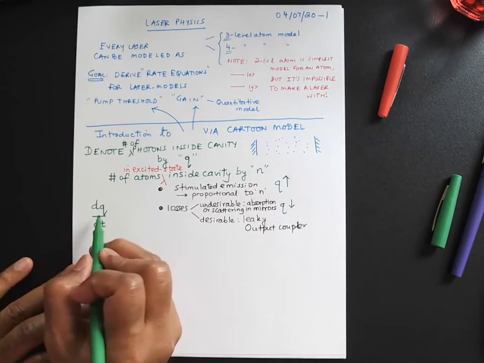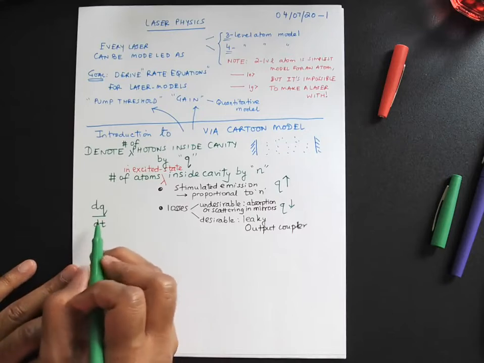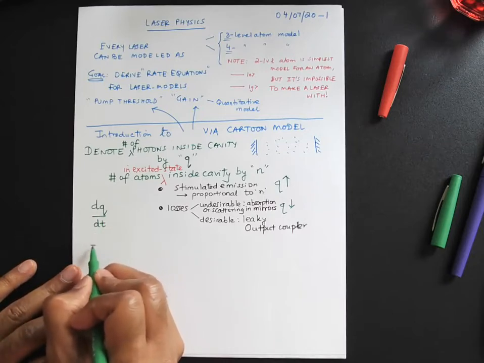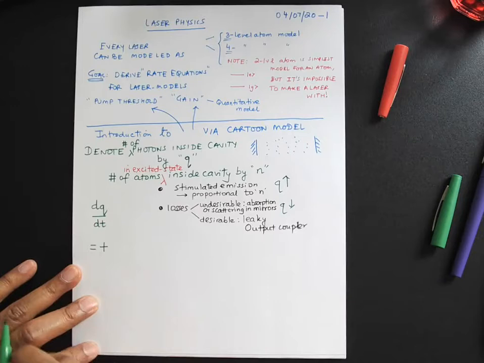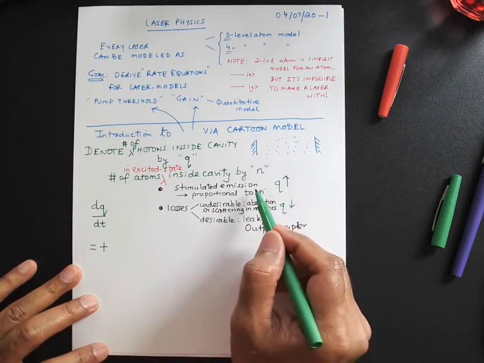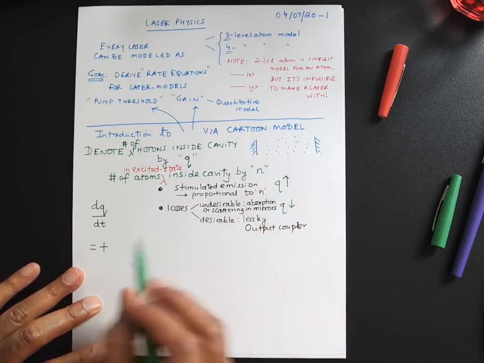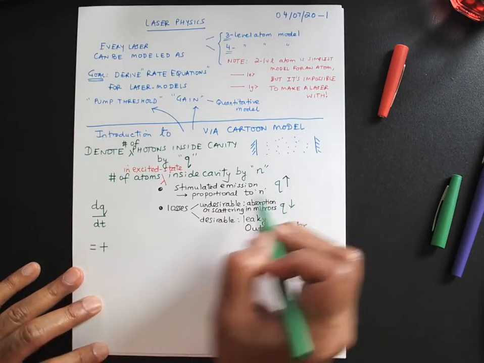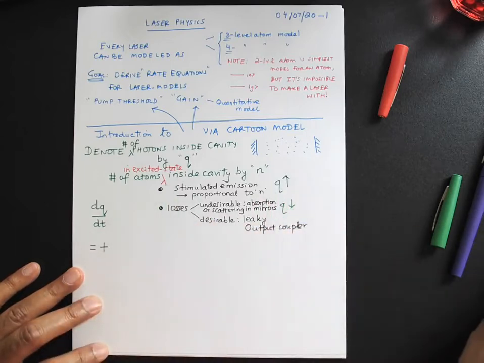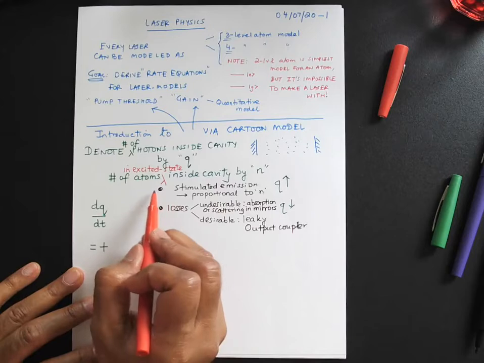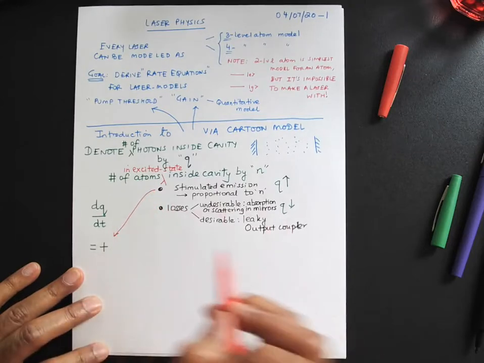So if I'm writing an equation for the rate of change of the intracavity photon number, then I would have a plus associated with the stimulated emission going on, and so this thing here, how would I write that?